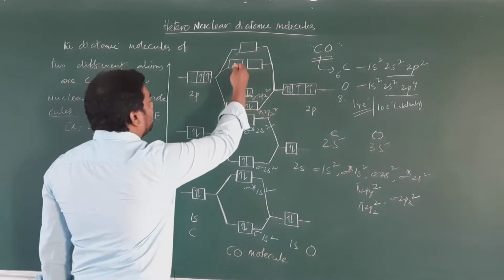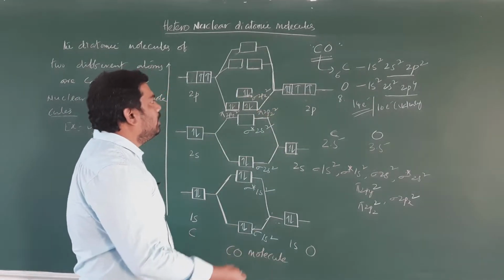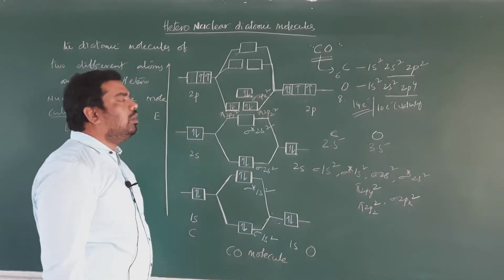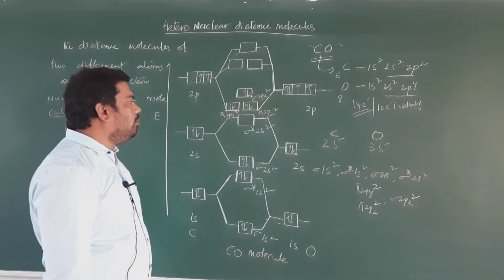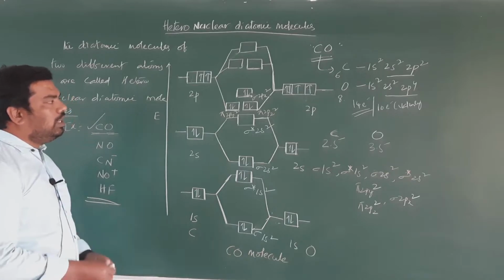There are no electrons in pi star 2py and pi star 2pz, or sigma star 2px. Okay, so this is the molecular orbital energy level diagram of the CO molecule. Then we will calculate the bond order.